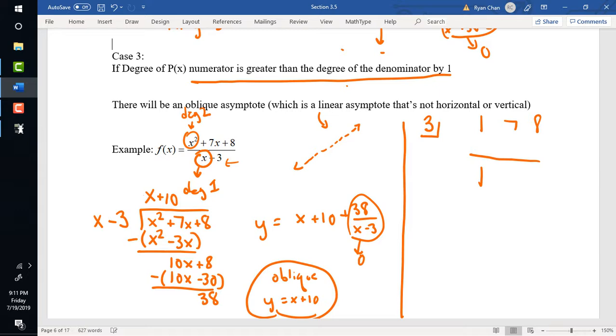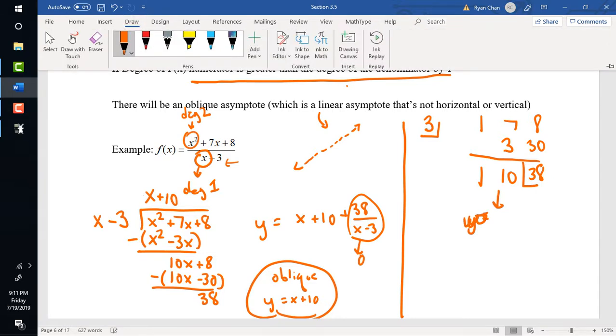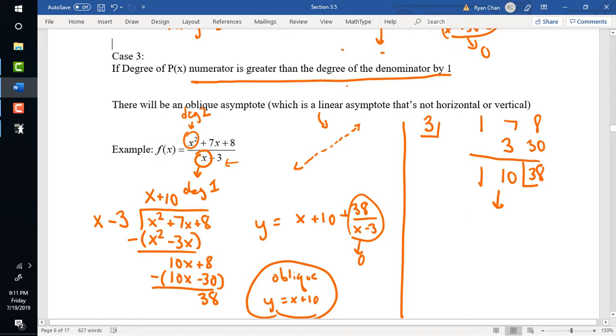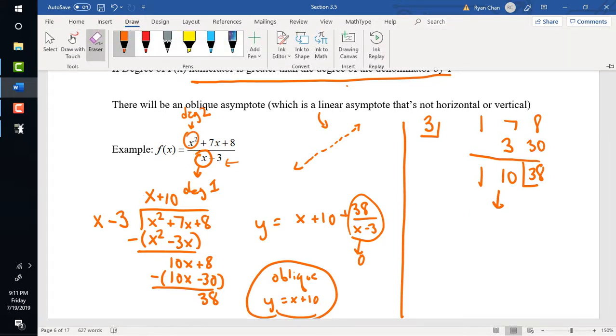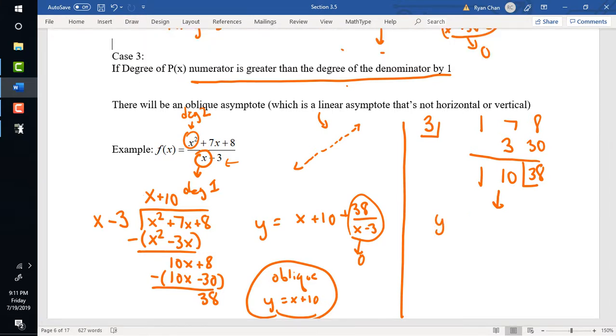I do 1 times 3 is 3. 10 plus 3 is 30. So I have 38, but I'm focused on this. This is y is equal to x plus 10. So that is my oblique asymptote here. Okay.